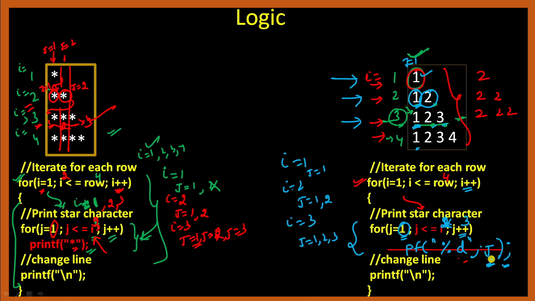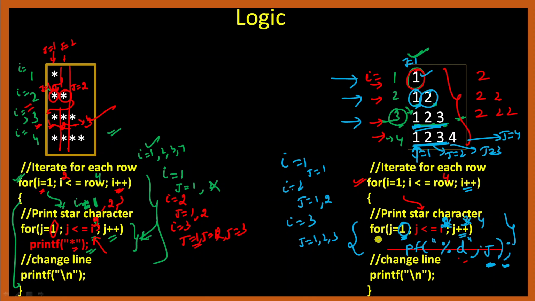Same way for i equal to 4, starting from 1, I am hard coding that I want to start this row also from 1. So from 1 to 4, 4 times this loop will run. So here it will be j equal to 1, here j equal to 2, then j equal to 3, and here j equal to 4. So the value of j is getting printed, right? So the idea was just to use the value of j.